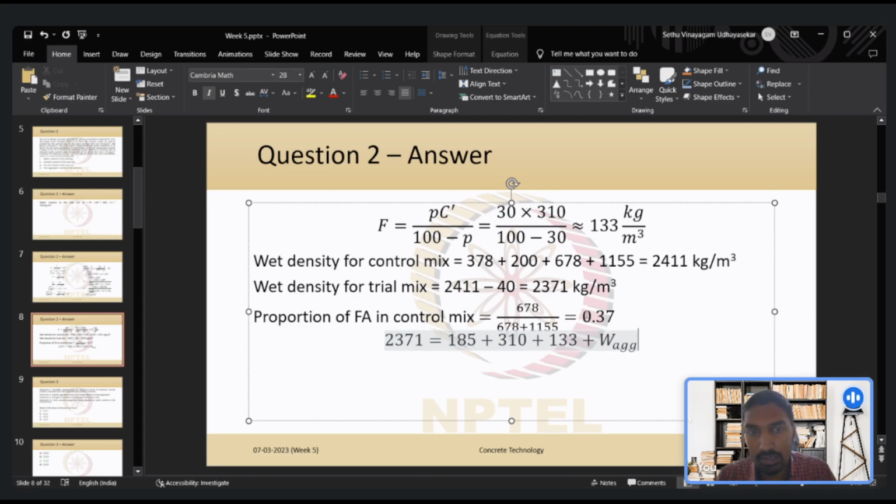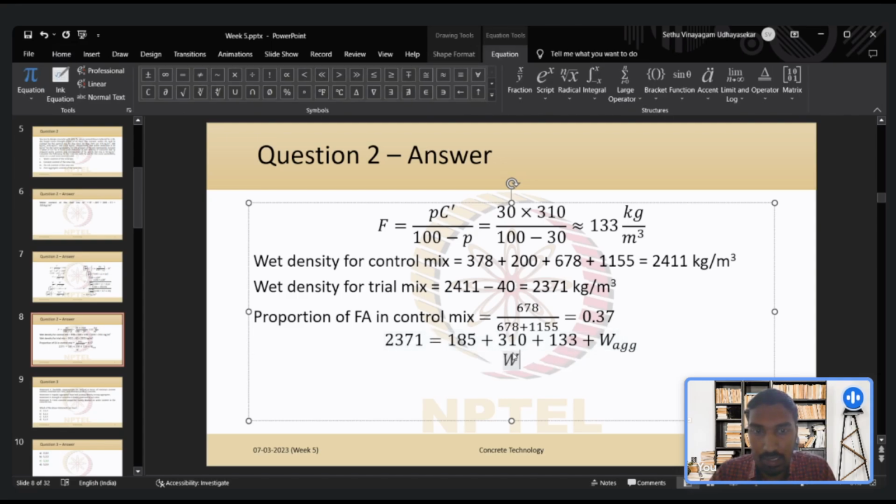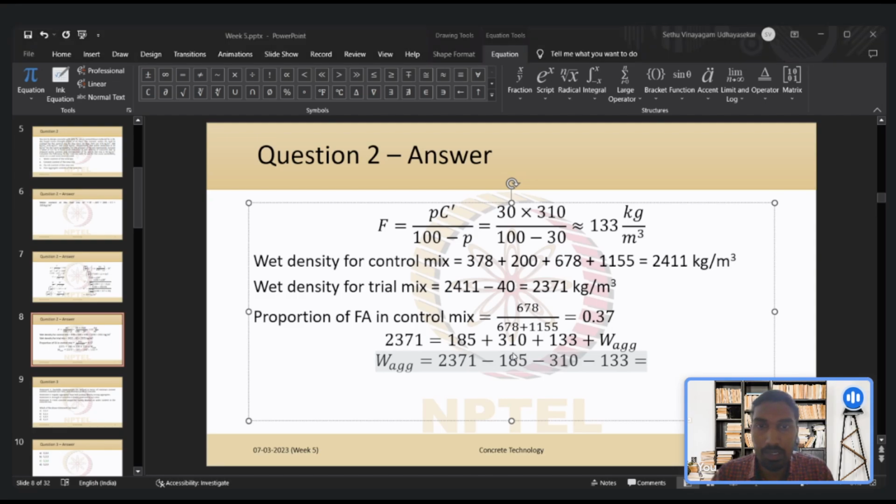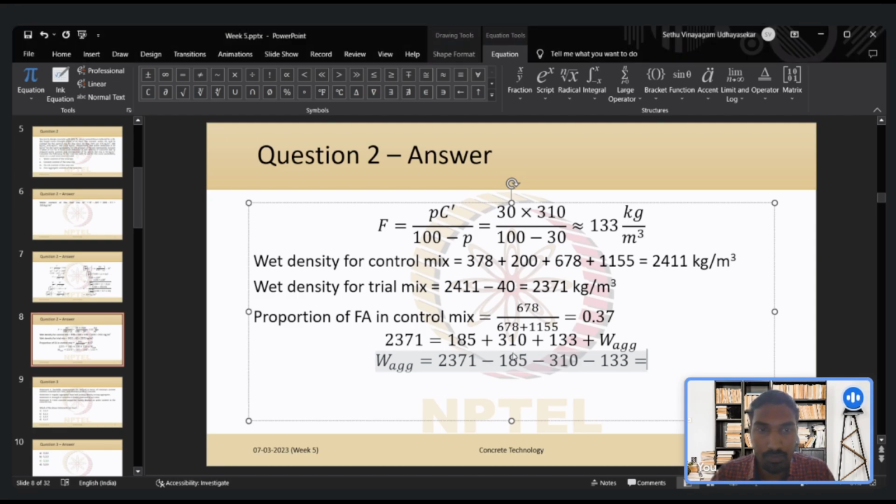This gives us the total wet density, so from this we can find the aggregate content. You take everything else to the other side: 2371 minus 185 minus 310 minus 133. That gives us the total aggregate content, which is 1743 kilogram per meter cube.